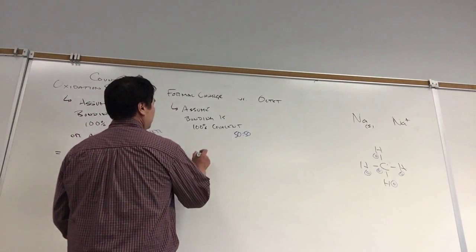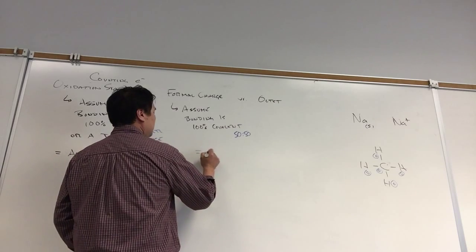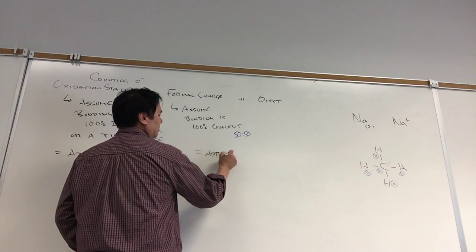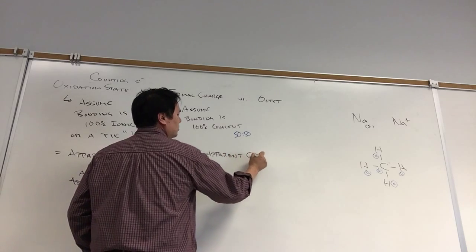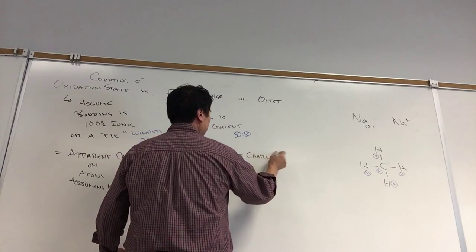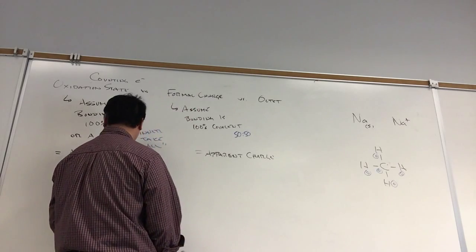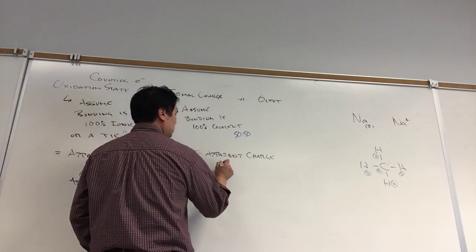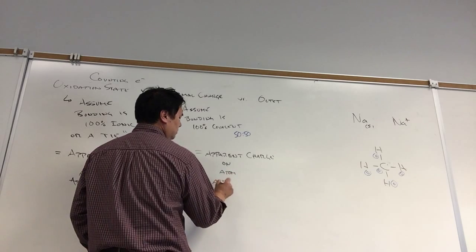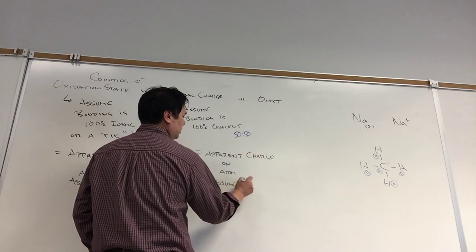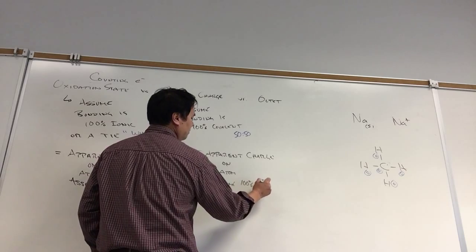And so basically this is the apparent charge on the atom. They have the same definition, apparent charge. Both of these are the charges on an atom, the imbalance between positive and negative charge. Apparent charge on the atom, except this one we assume 100% covalent.